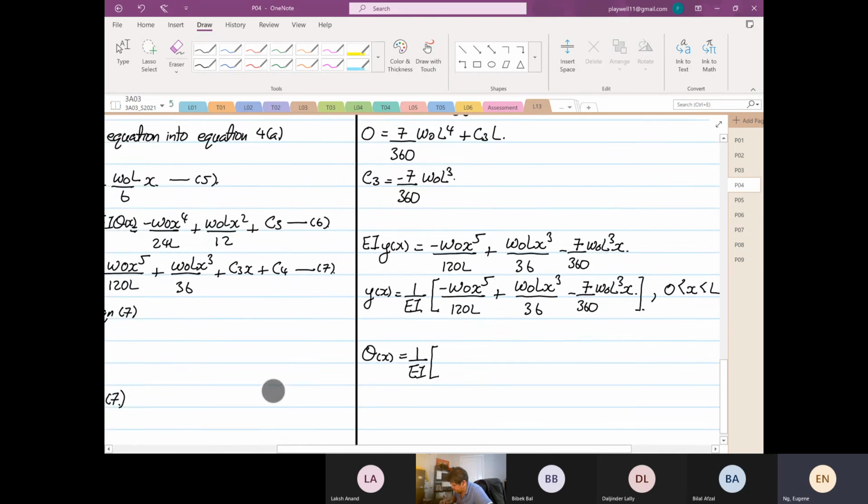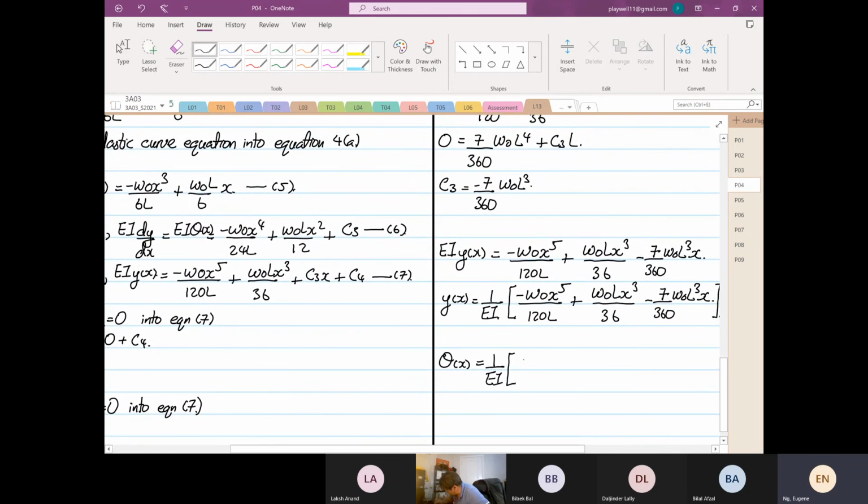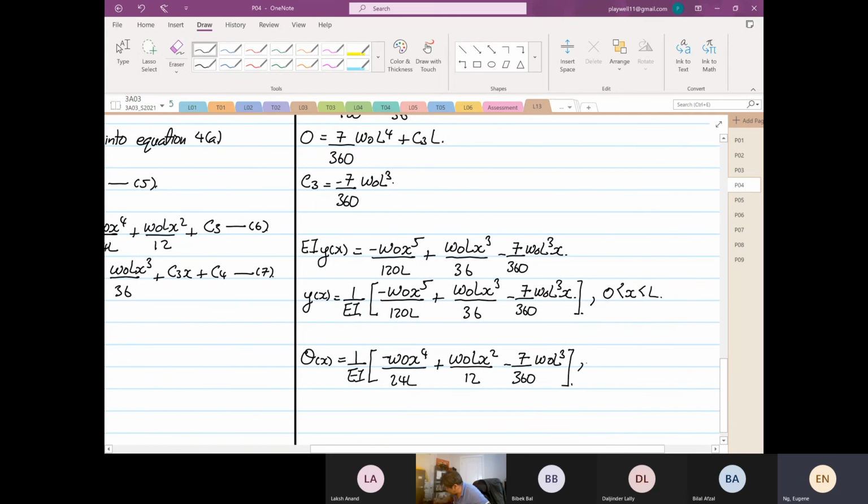So the slope equation is minus omega naught x^4 over 24L plus omega naught L x squared over 12, then minus 7 over 360 omega naught L cubed. The equation that I've just written is only valid in this limit.